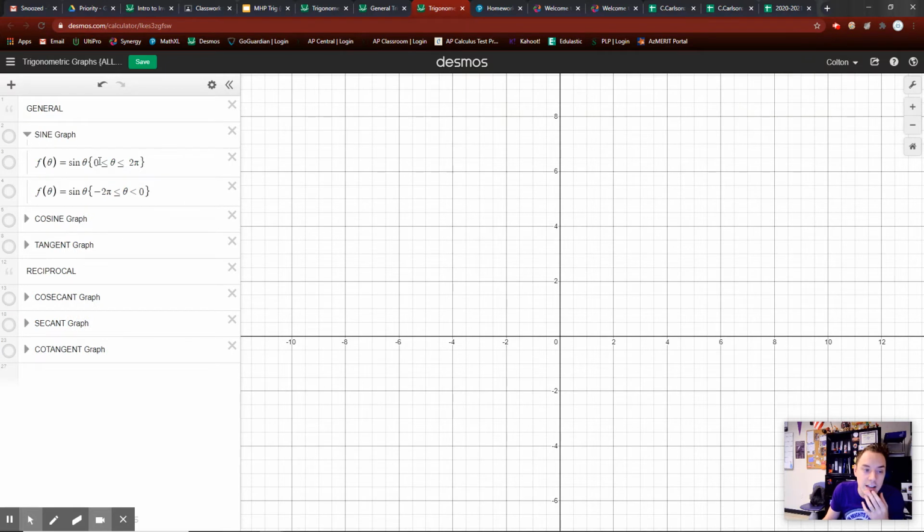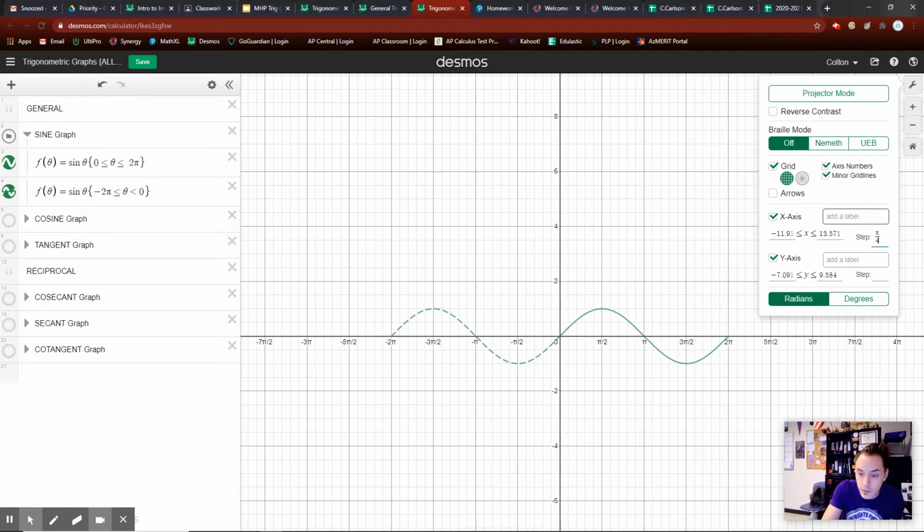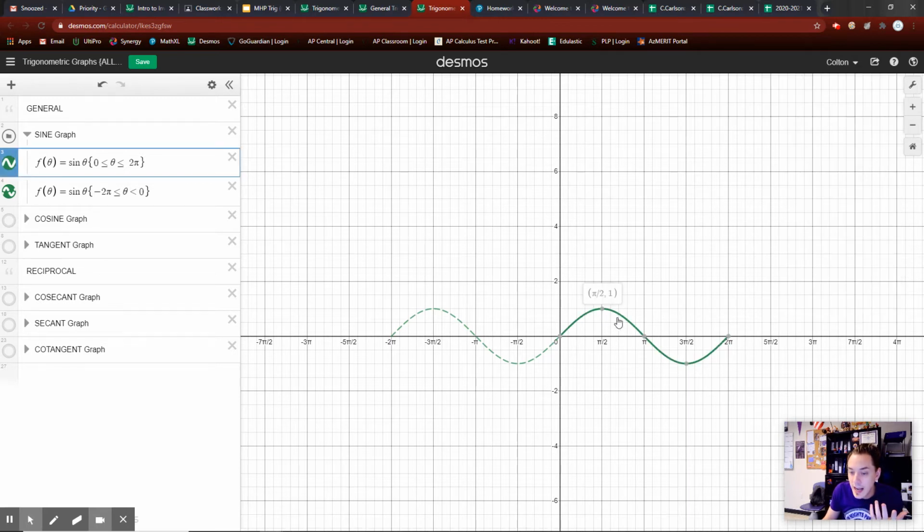And for sine here, I actually did restrict it. So it almost looks exactly like what we have, and then I can label this, pi divided by 4. And so that would help us. So these are my exact points that we had before. And students like this one better because it's restricted already.